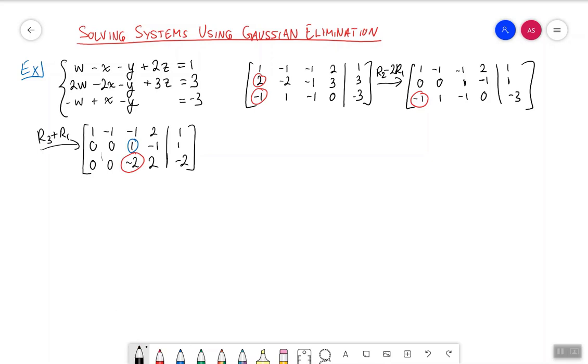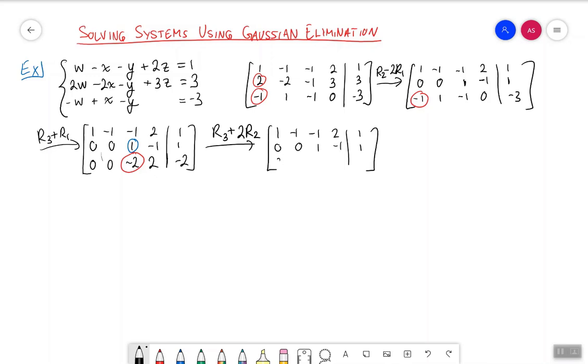So what I can do is row 3 plus 2 times row 2. When I do that, I'm not acting on row 1, because row 1 is hidden right now, and I'm not acting on row 2, so that stays the same also.